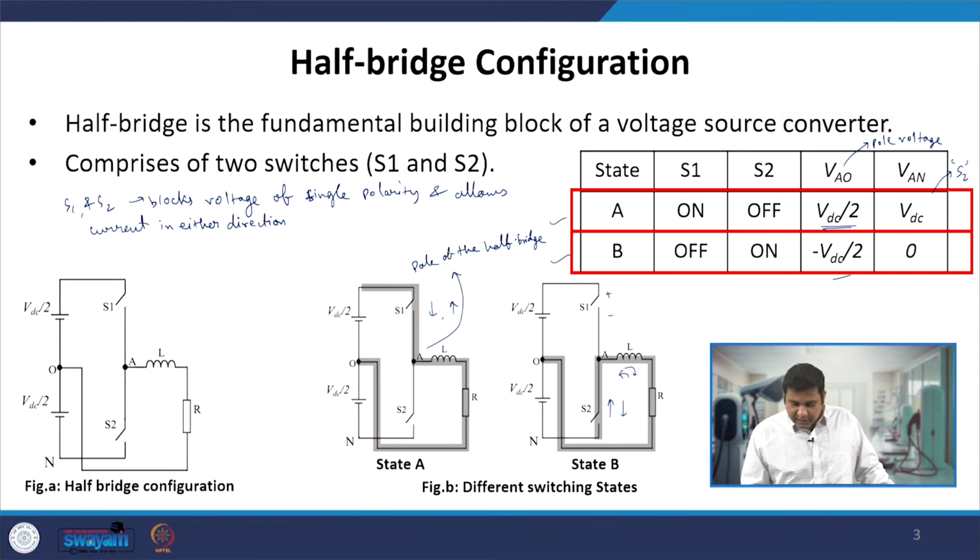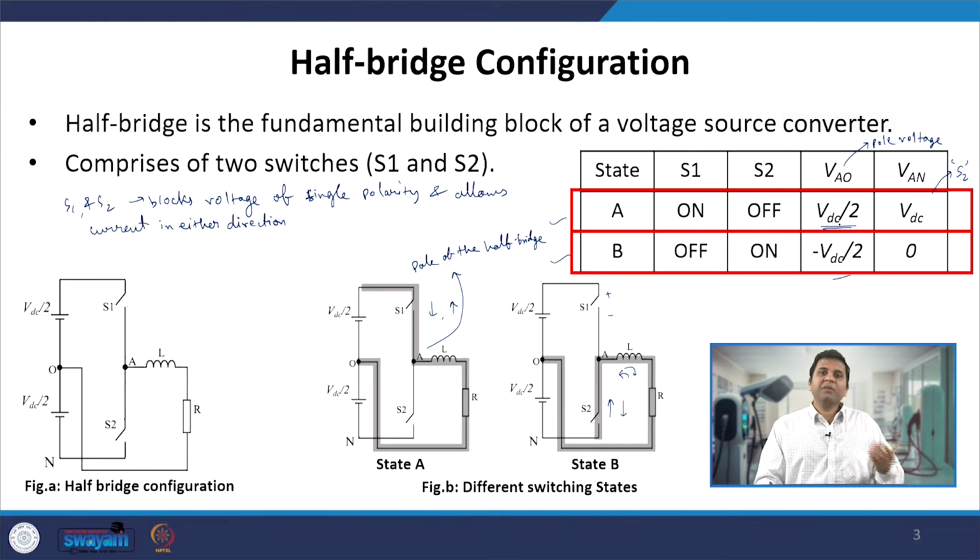Now if you look very carefully, for the pole voltage VAO, we are applying VDC by 2 for some time whenever S1 is on, and we are applying minus VDC by 2 for some time when S2 is on. So we can vary the duration of the turn on time of S1 and S2, and that is when we can get the average pole voltage varying somewhere between minus VDC by 2 and plus VDC by 2.